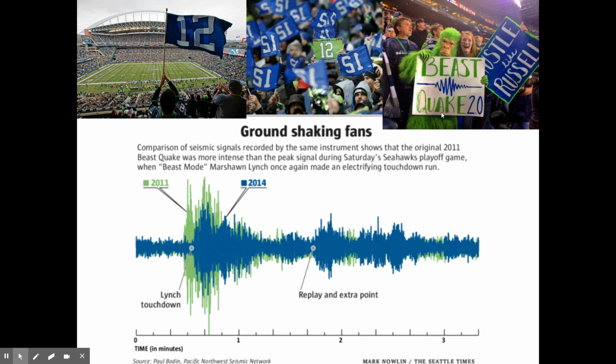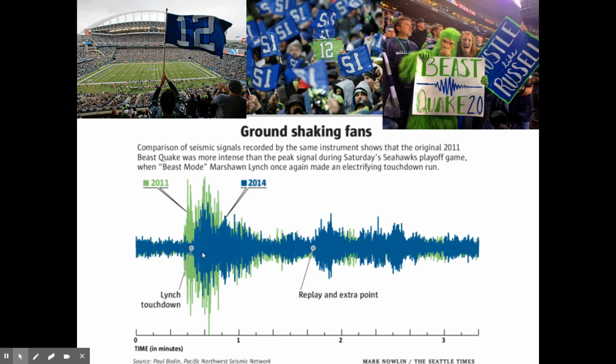And sometimes you can have an earthquake caused by human beings. And this happened about 10 years ago now during a Seahawks game. The Seahawks are well known for their fans and their noise level. Obviously not this year so much in the COVID environment. But in 2011, Marshawn Lynch scored a touchdown, and it caused an earthquake that was not necessarily a real earthquake, but it caused vibrations of the seismograph station, which was right down the street from the Seahawks stadium.